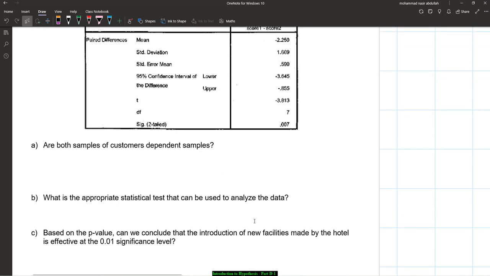So now the question is, are both sample customers dependent samples?